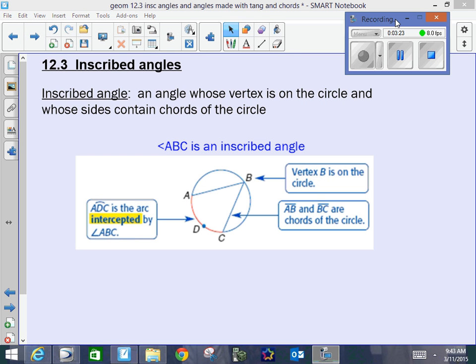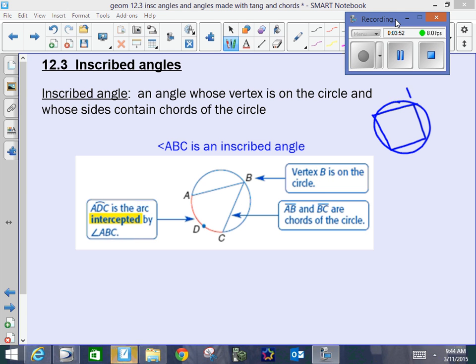Okay, inscribed angle. Remember we had an inscribed rectangle the other day in one of our homework problems. We had that in our 12-1 notes, what's inscribed. An inscribed rectangle was something like this. Or, it doesn't have to be a rectangle, let's just say it's a quadrilateral.